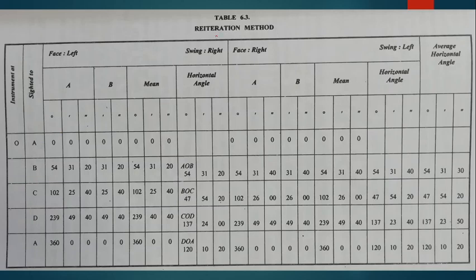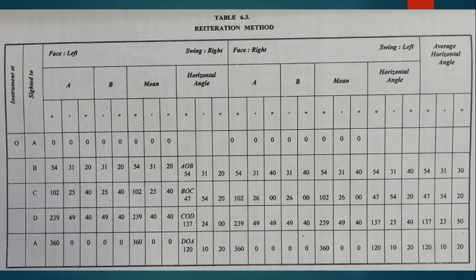This is the tabular form for the repetition method, which is exactly the same as the previous one. The only thing is that here, between face left and face right, there was a vertical column naming the number of repetitions, 1, 2 and 3 and so on, whereas here it is completely removed.